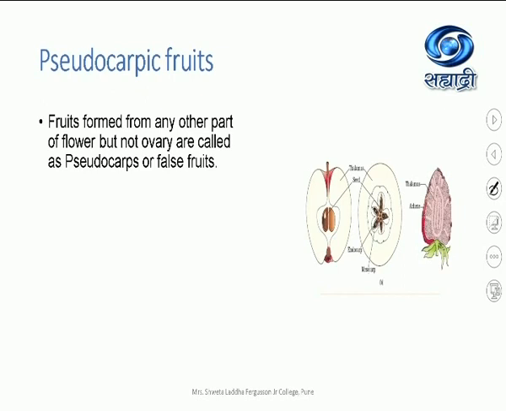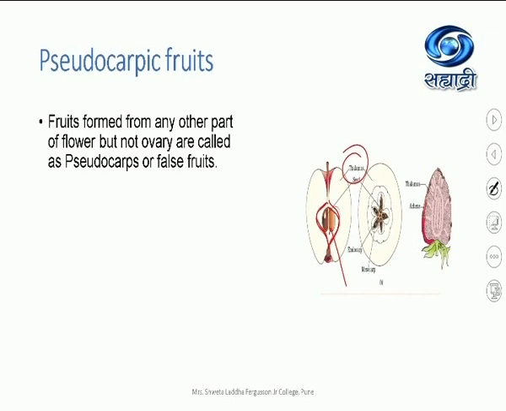Look at this picture. In this picture, you can see an apple. Actually, this is the pericarp, the wall of the ovary, and this is the fruit, and this is the seed. So this part is the fruit, but do you eat that part? Rather, when you cut an apple, you throw away that part, isn't it? What becomes edible? The thalamus becomes fleshy, edible, sweet.